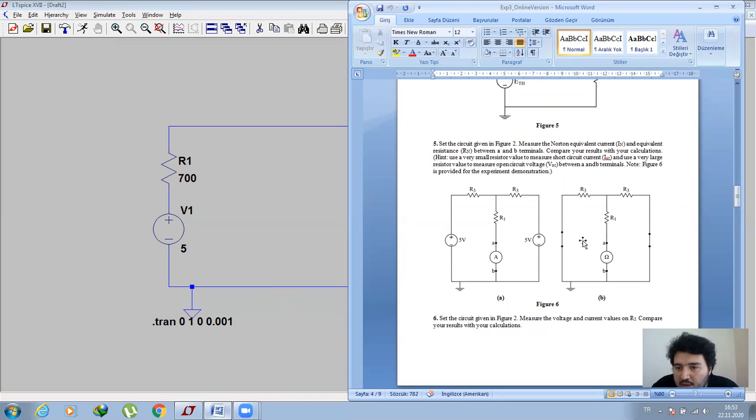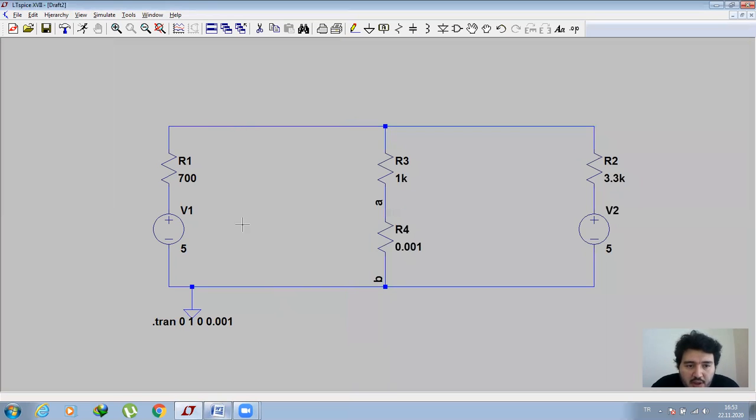Also, you can calculate it manually with this equivalent resistance for this node. You can see R3 and this R3 are parallel to each other, and R1 is in series. So in my circuit, this 3.3 kilo ohm and this 700 ohm are parallel to each other, so the equivalent resistance will be 577 ohm, and this is in series with this one.